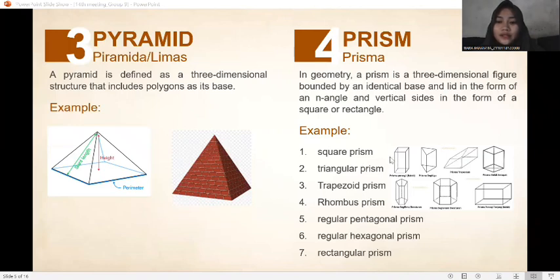The example is, here is square prism, here is triangular prism, here is trapezoid prism, here is rhombus prism, here is regular pentagonal prism, here is regular hexagonal prism, here is rectangular prism.